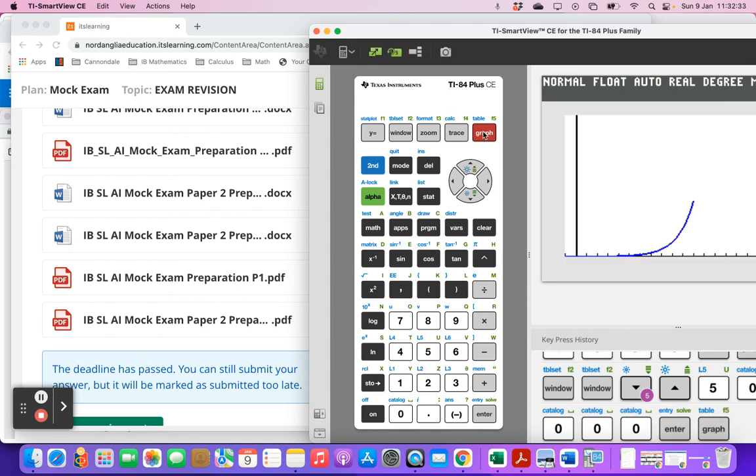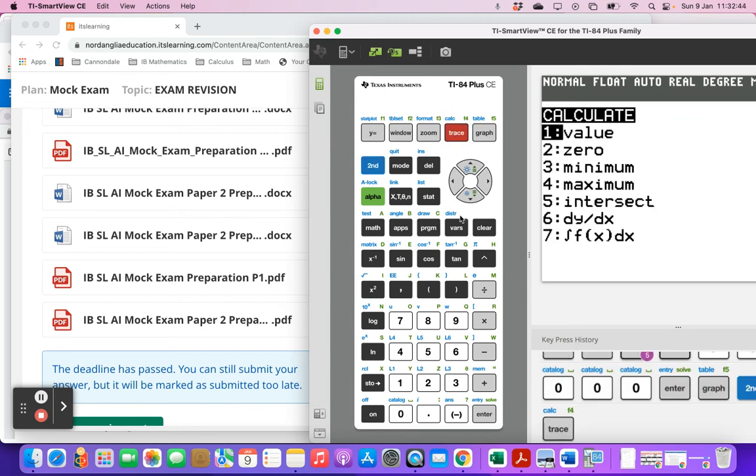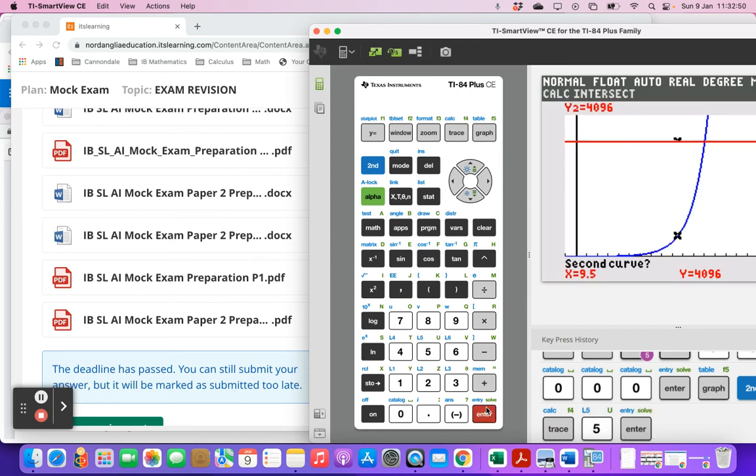And I should see the 2 to the n function, and I should see a horizontal line, and then I see where those two intersect. Same procedure as we did before. We should be able to solve any equation graphically using the TI-84. 3 times enter. And I get 12 days. Okay.